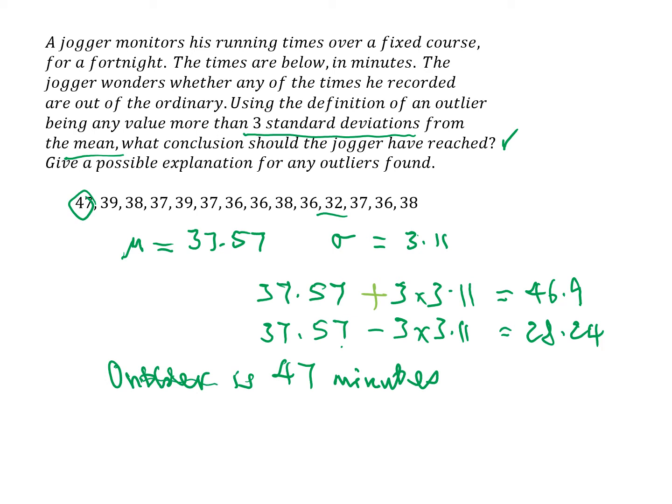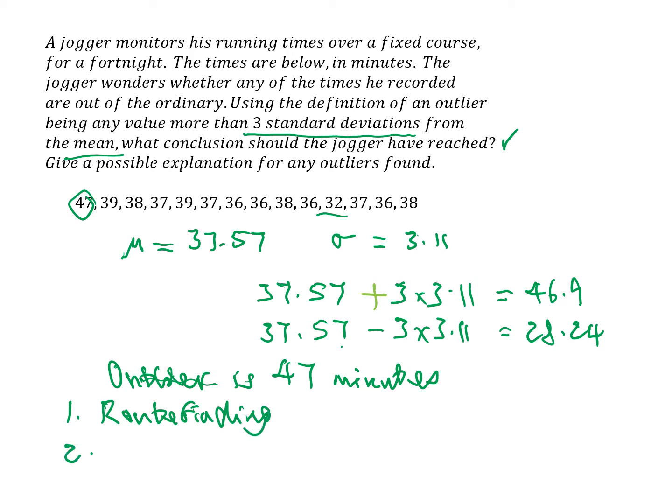And there are a number of possible explanations. If the times have been recorded in the order in which the jogger ran them, then this would be the first time. So it's possible that the reason might be that he was doing a bit of route finding on his new route, and that's why it took a little bit longer.